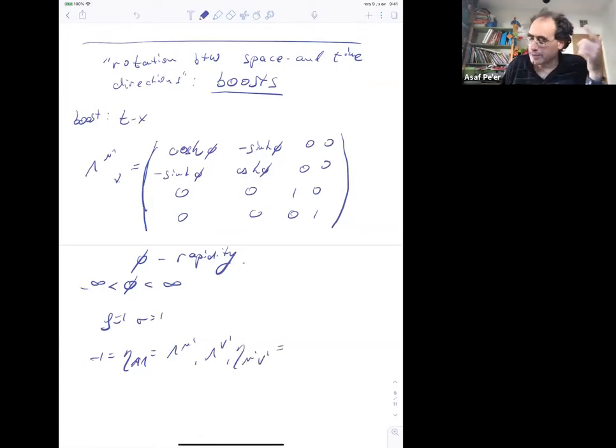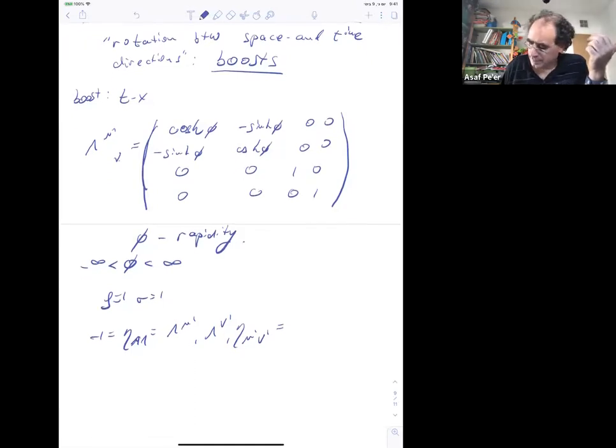Again, the only non-zero terms that come with the lambda matrix are the 0 and the 1, right? And they have to be the same because otherwise the eta matrix will give us a 0. So lambda 0, 1, lambda 0, 1, eta 0, 0, plus lambda 1, 1, lambda 1, 1, eta 1, 1.